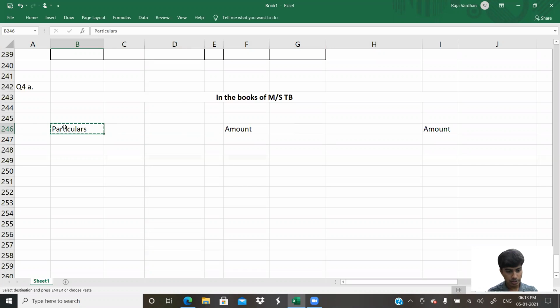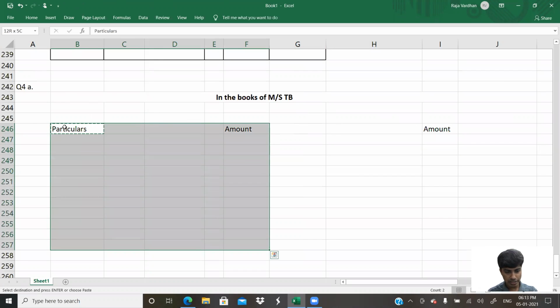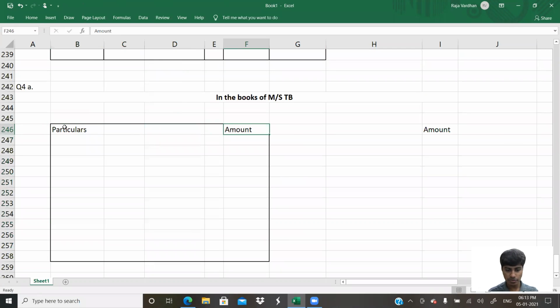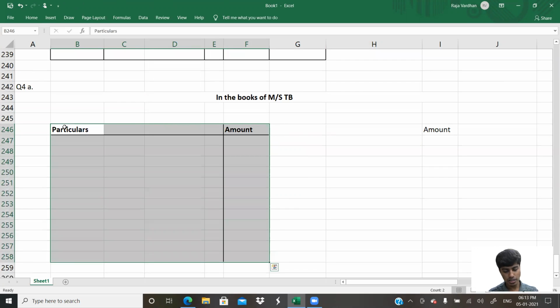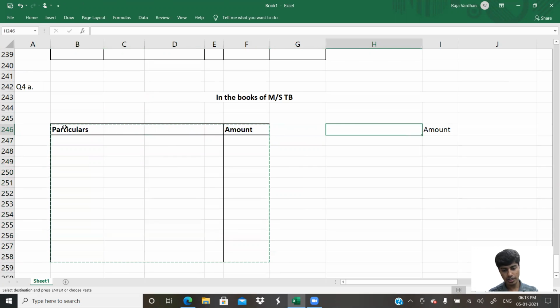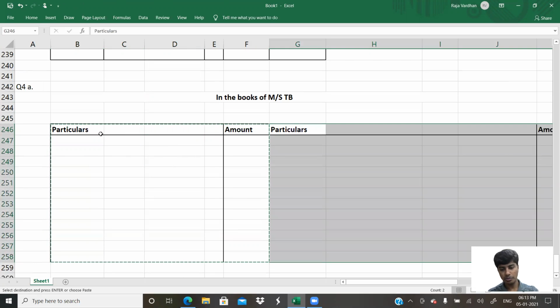Yeah, perfect. Let me just make little boxes for this one, and then I'll be able to copy paste this for the credit side. Yes, so I'm done with the debit side. I'll copy this and paste it to the credit. That becomes my credit side.